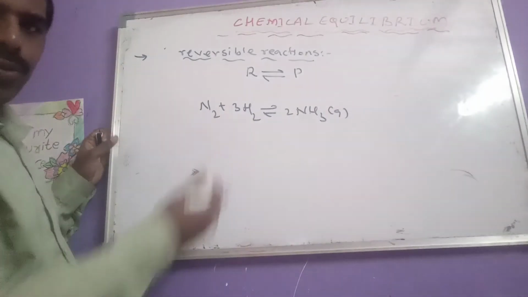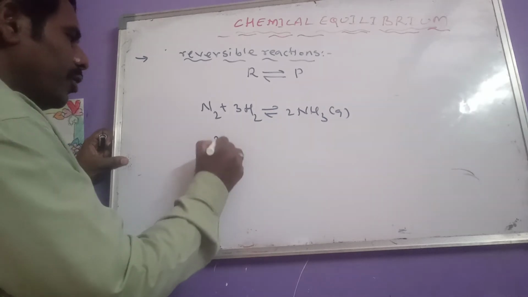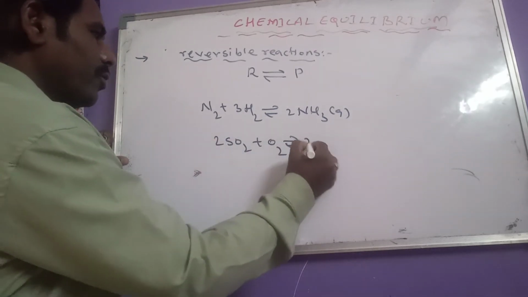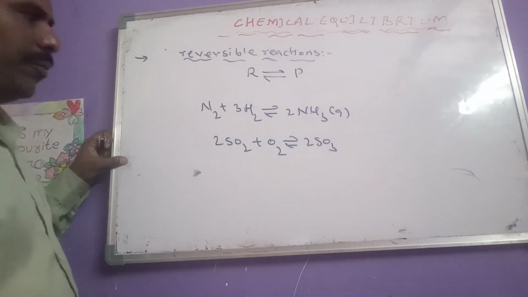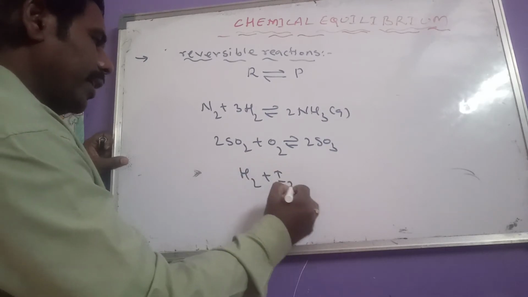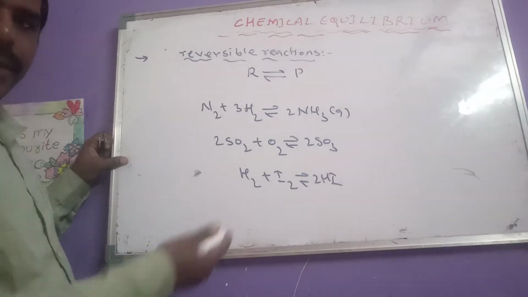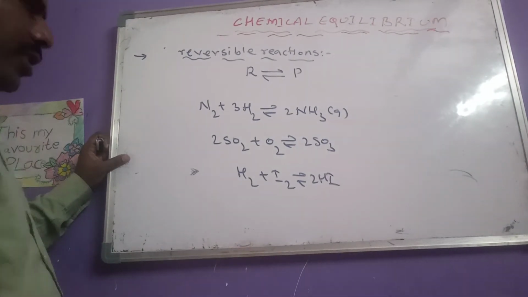The second example: 2SO2 gas plus O2 gas gives 2SO3 gas. And H2 gas plus I2 gas gives 2HI gas is the third example.